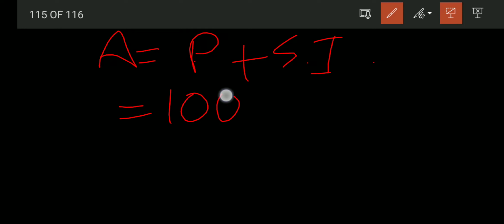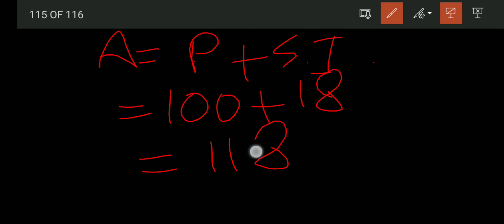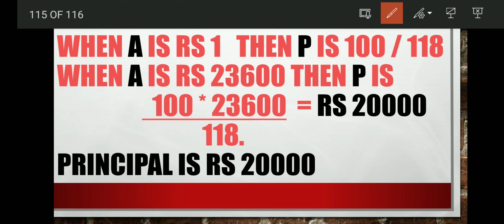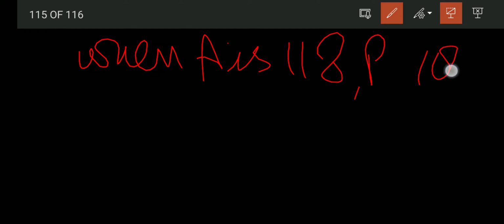Okay. Now we'll find out the amount. Amount means principal plus SI. Principal we have taken 100 and SI we calculated 18. So amount becomes 118. And in the sum, amount is already given. So now we'll use the unitary method to calculate principal. When amount is rupees 118, then principal is 100.